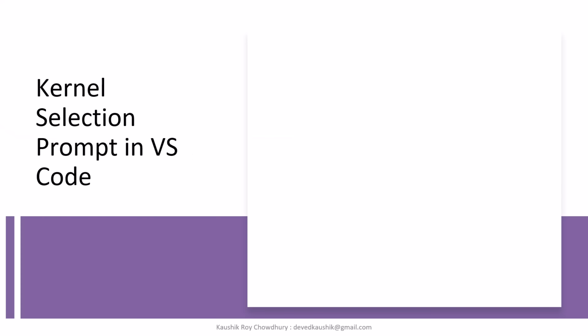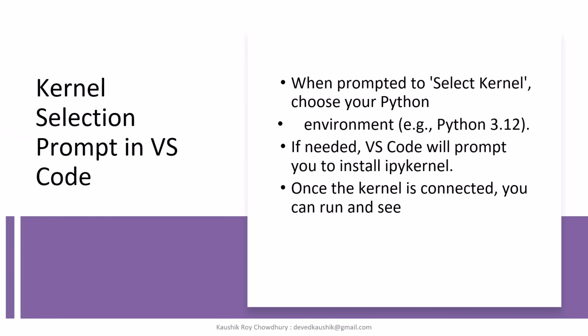We wrote and ran our first code cell, and we have done the kernel selection successfully. Now we'll add a markdown cell. Click plus Markdown and then enter: Welcome to my first notebook. This notebook demonstrates interactive Python coding in VS Code. Then press Shift+Enter to render the text.